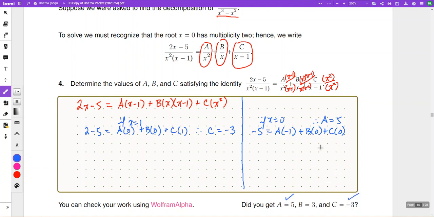But this cover-up method that we're using can't be the only method to use when we have this multiplicity greater than 1. We also have to be able to do this idea that is called equating coefficients. So what do we mean by equating coefficients? We mean the following, right? That the left side of our equation is 2x minus 5.